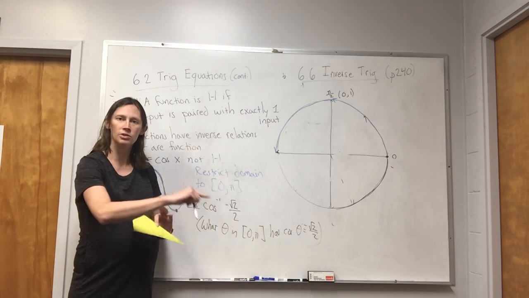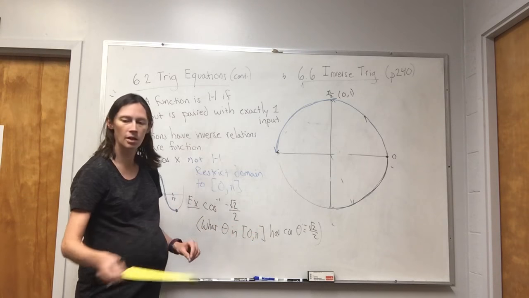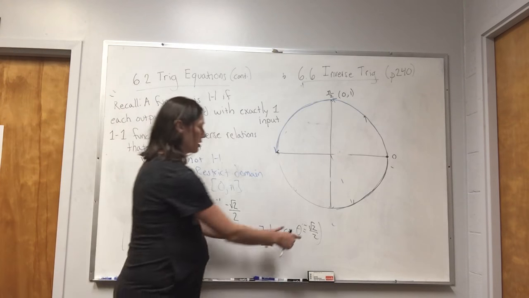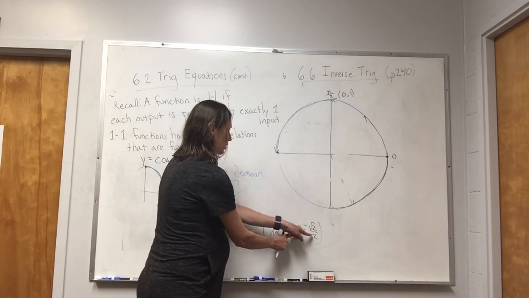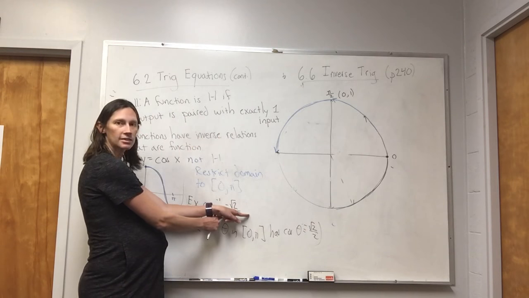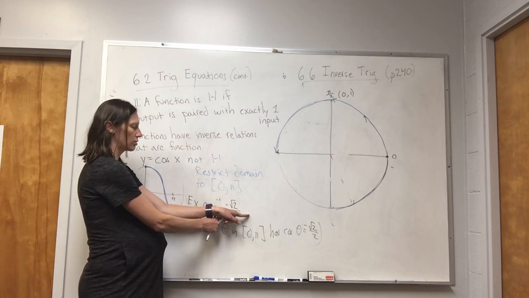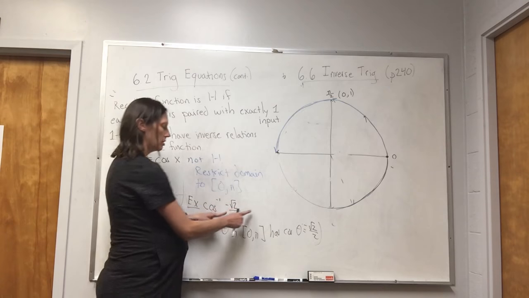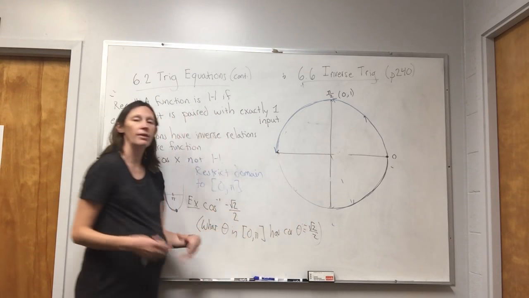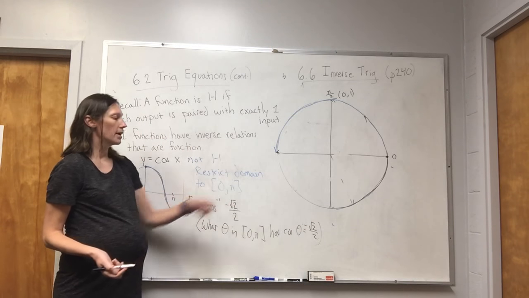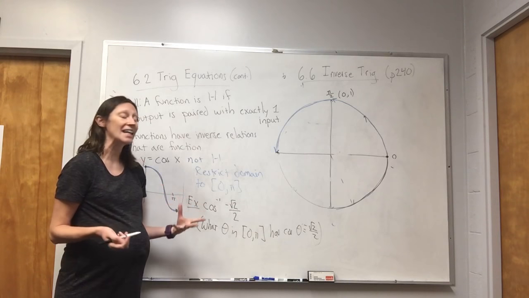Remember, inverses switch inputs and outputs? So taking a look at this, if the input becomes the output, that's exactly what's happening for cosine inverse. I need an angle answer that would have a cosine of negative root 2 over 2. Now, because I'm talking cosine, I'm talking the x value.